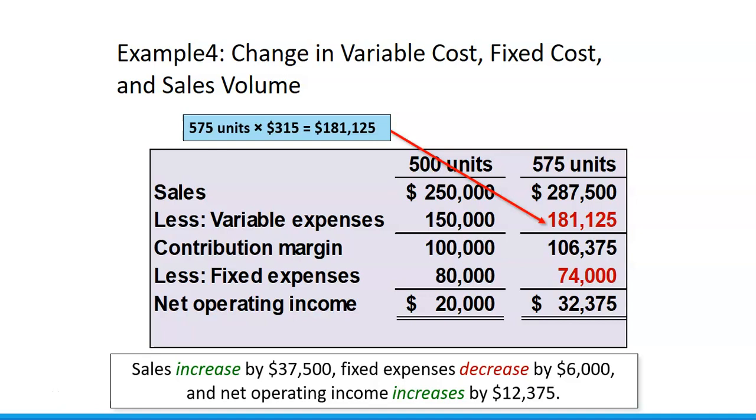So if we have 575 units times that $15 sales commission, our sales team is actually getting paid more money than they are with just the straight fixed cost, and it's boosting our sales and ultimately boosting our net operating income, because our salespeople have this incentive to sell more bikes in an effort to increase their salary.